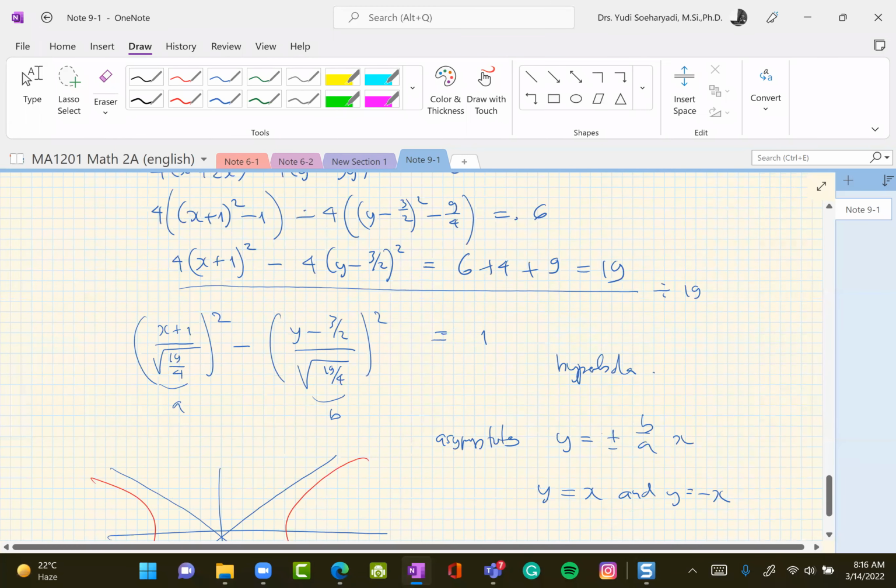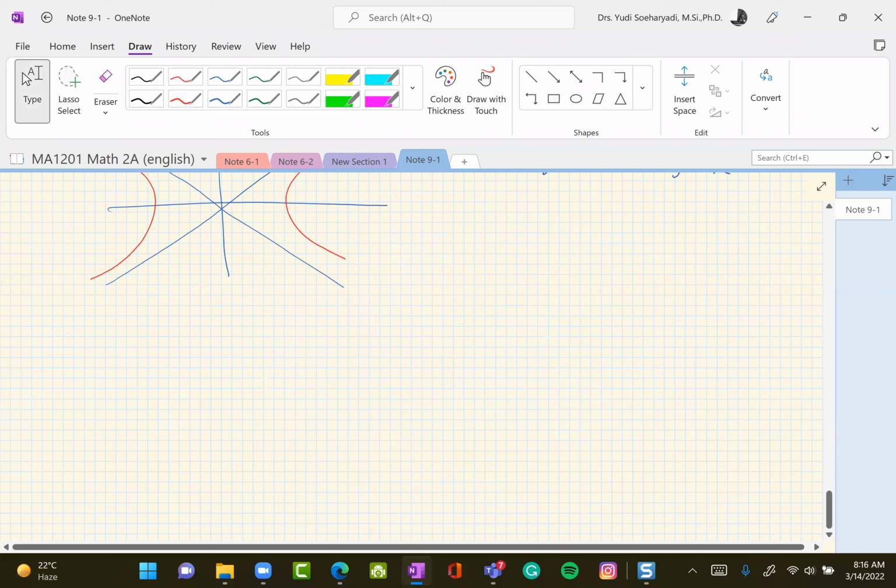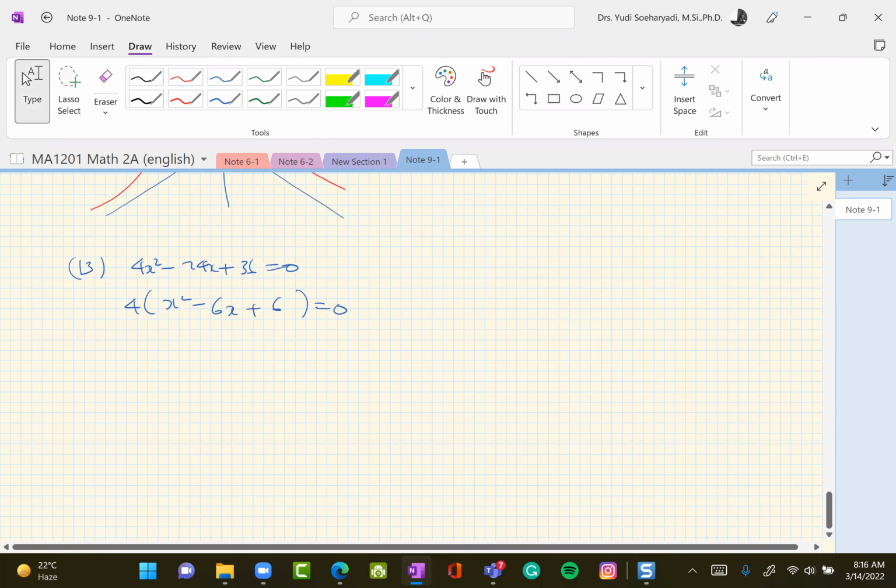So what is it? 4x squared minus 24x plus 36 equals 0. Okay, so let's take the 4 out. So this is x squared minus 6x plus 9.